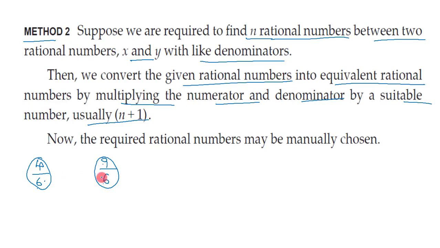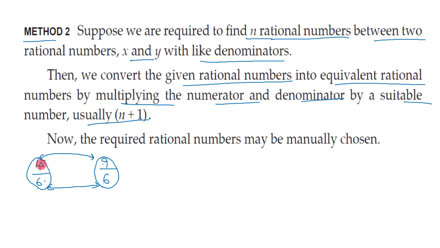If you consider that these two rational numbers have the same denominator, they are like rational numbers. So you need to observe the numerators. Do we have any gap between the numerators? 4 and 9, yes, we have a gap.